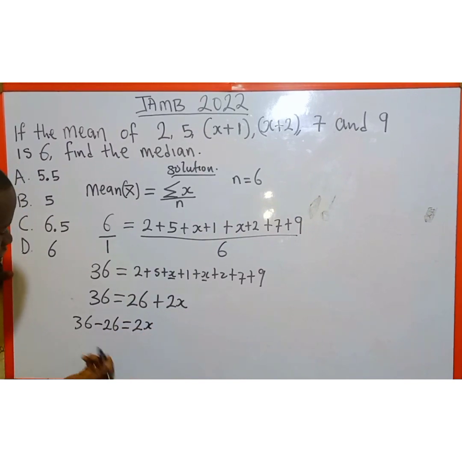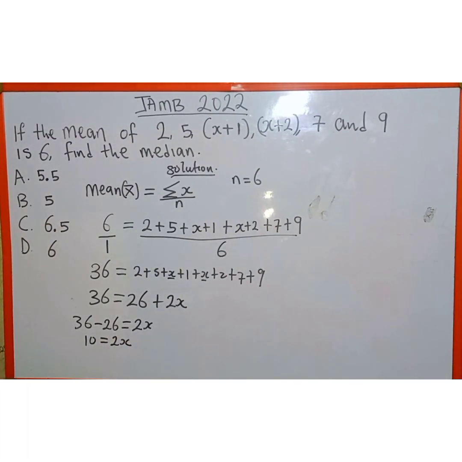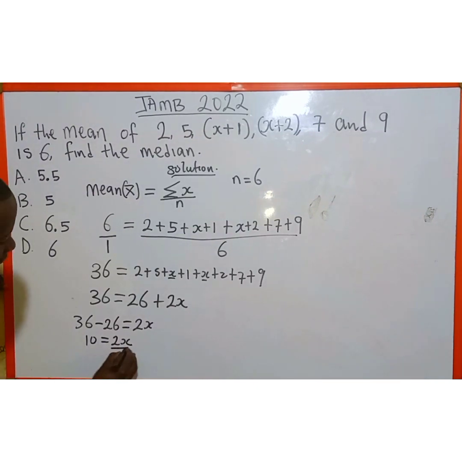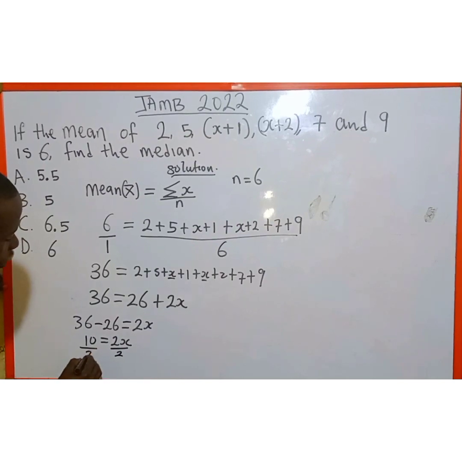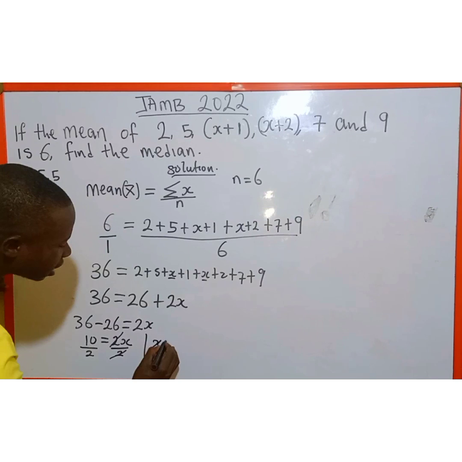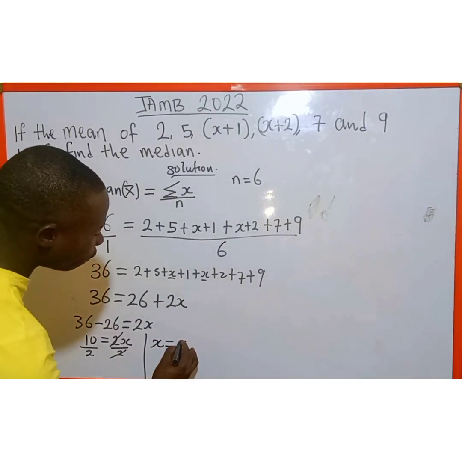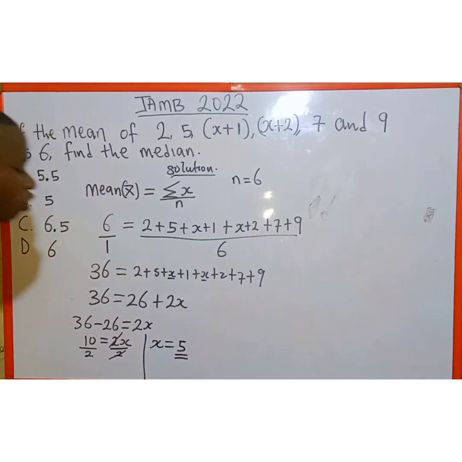So 36 minus 26 gives us 10, which is equal to 2x. To get the value of x, we divide both sides of this equation by the coefficient of x, which is 2, so that the 2 cancels the 2. Therefore x is equal to 10 divided by 2, which gives me 5. So this is the value of x.